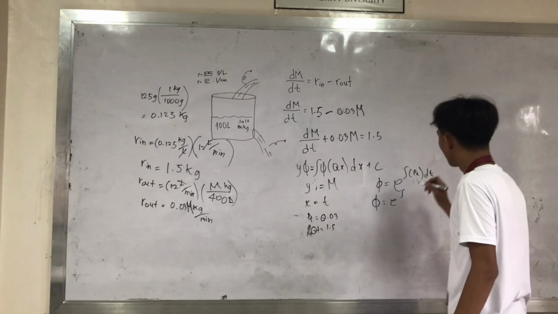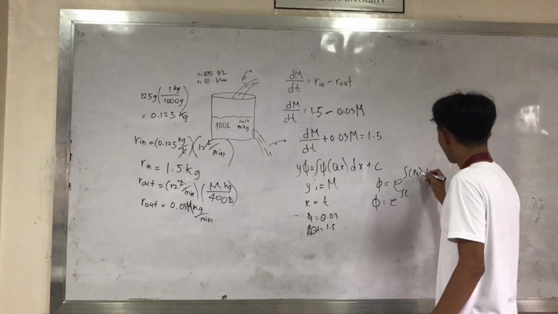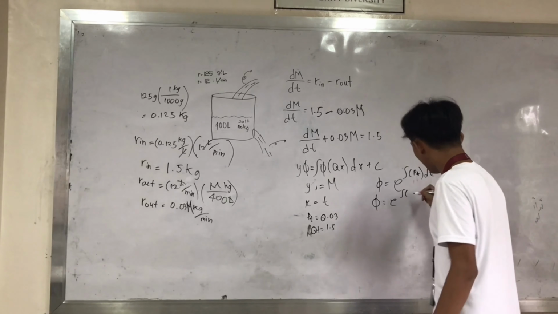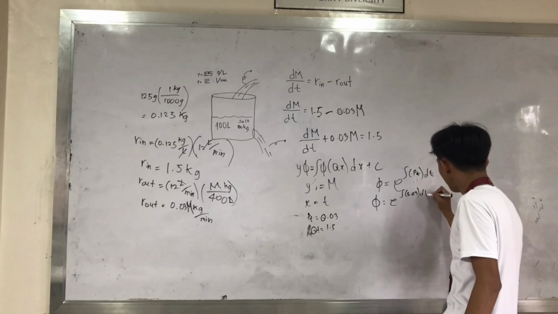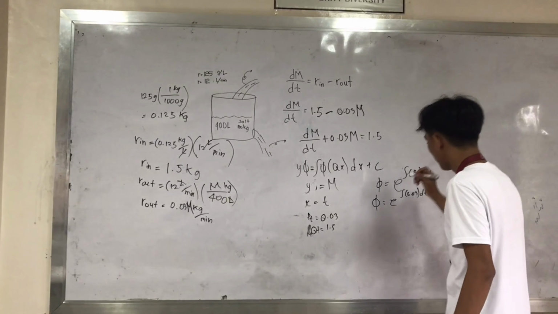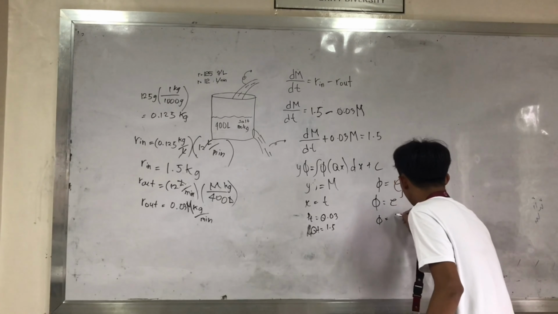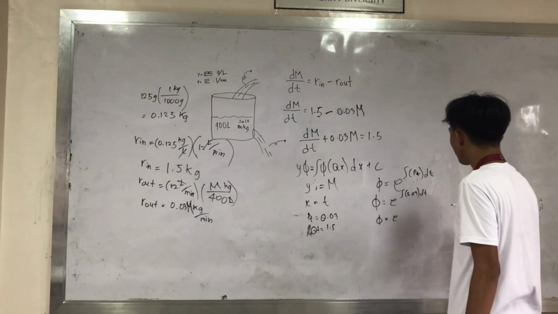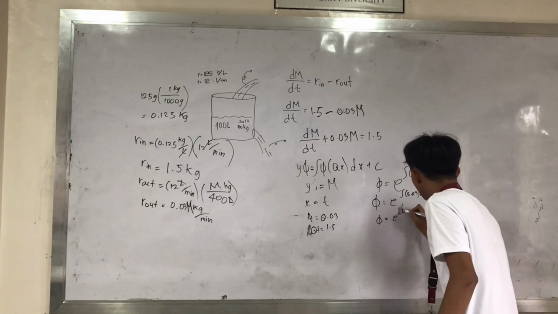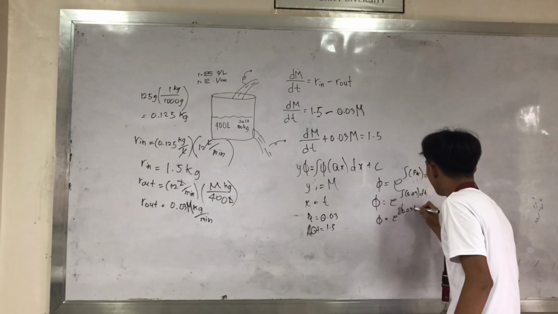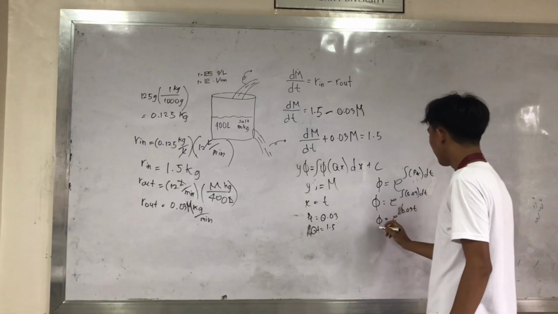The P(t) is 0.03 dt. The integral of 0.03 is 0.03t. So this is the phi.